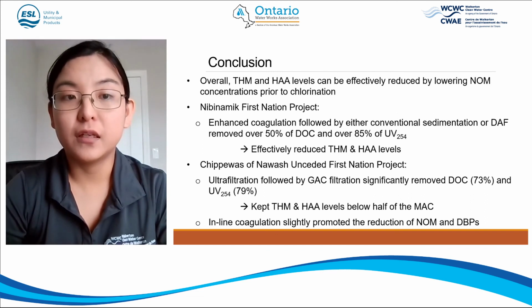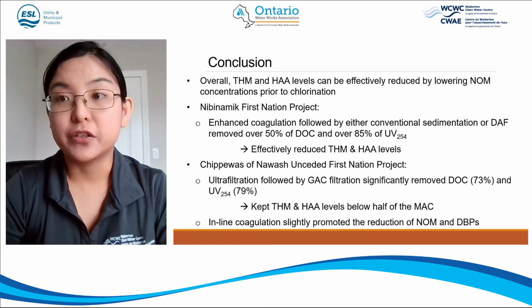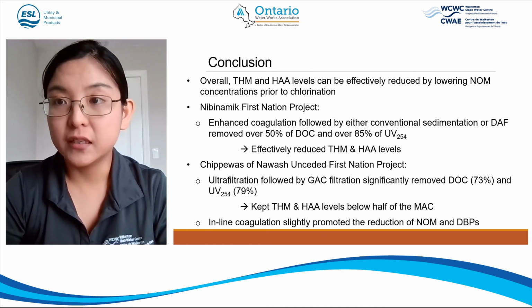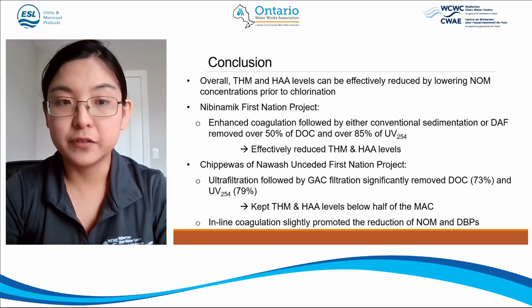However, because they have a high DOC level to start with, they may want to consider some other barriers to add to the system to further reduce their THM and HAA levels.